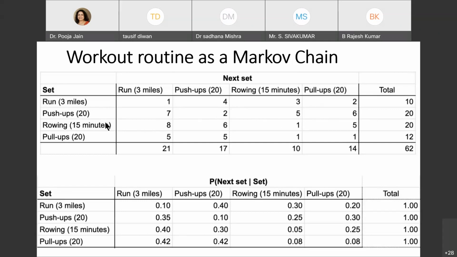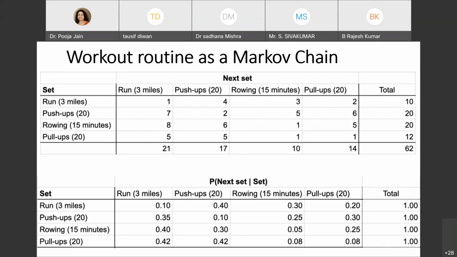Similarly, these are the other statistics. Running as the next set after rowing is 8 times. Push-up after rowing is 6 times. Rowing after rowing is 1 time. Then pull-up after rowing is 5 times. Similarly, running after pull-up, push-up after pull-up, rowing after pull-up, and then pull-up after pull-up. So these are the statistics.